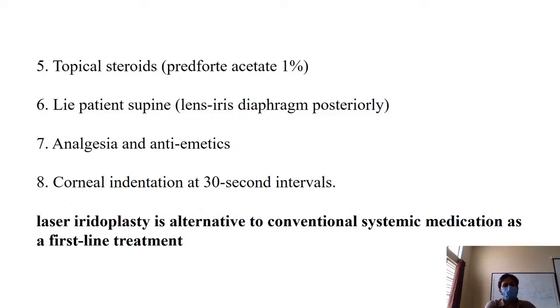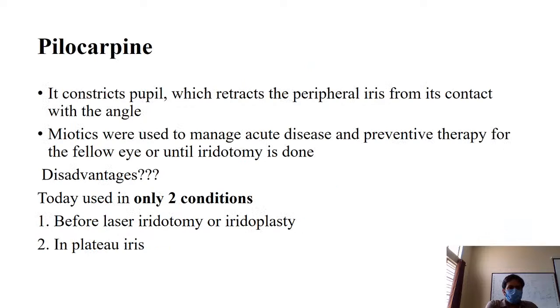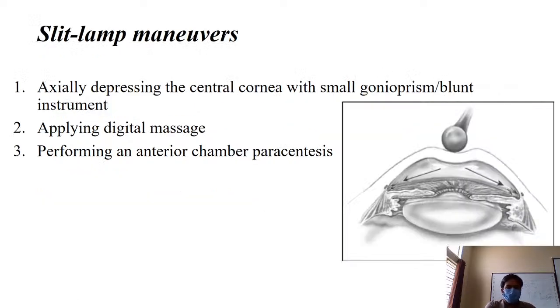You have to give appropriate antiemetic and analgesic drugs, and if this is not decreasing the IOP, you have to indent the cornea through your gonio lens or through the glass rod available every 30 seconds interval, okay. So pilocarpine today is used only in two conditions, that is before doing iridotomy and in case of plateau iris. Plateau iris I will be telling you in next class.